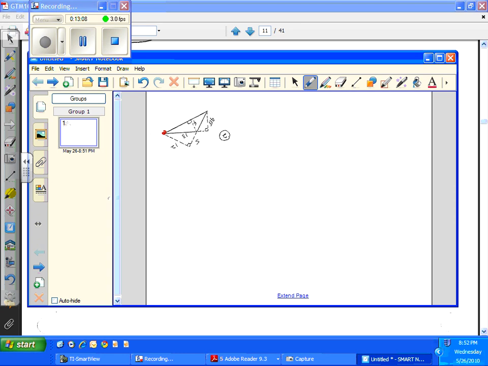And so the base is the side of the triangle that we know. So my area is 1/2 times base times height. So area is 1/2 times the base, which is the side I know, which is 13.